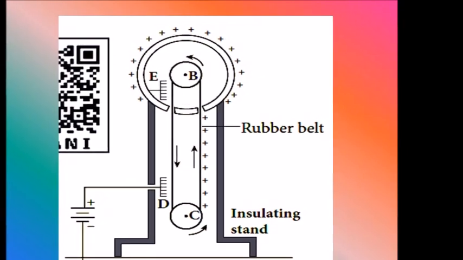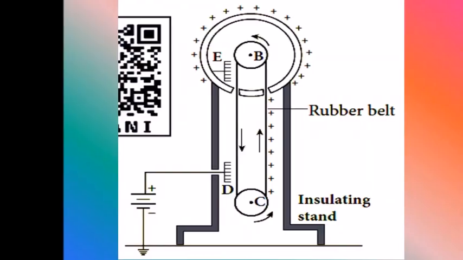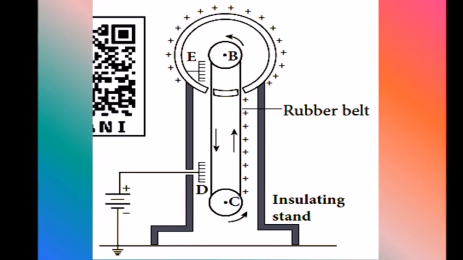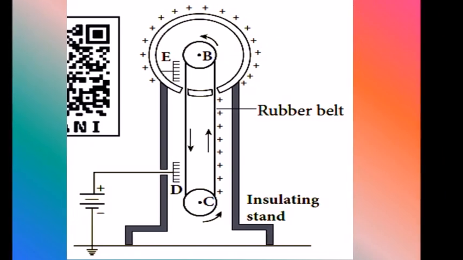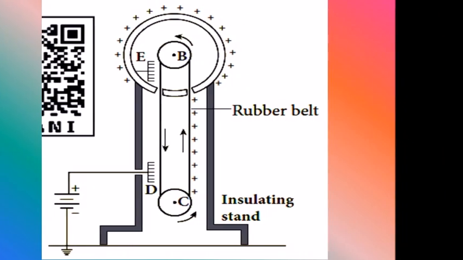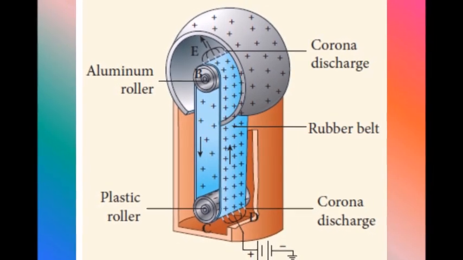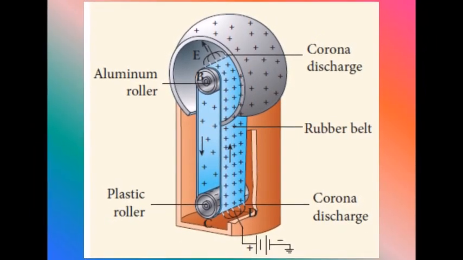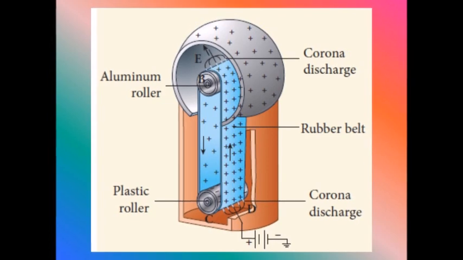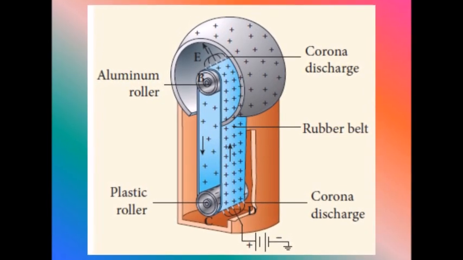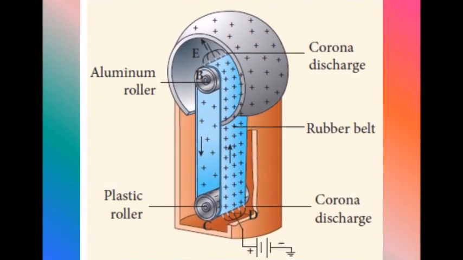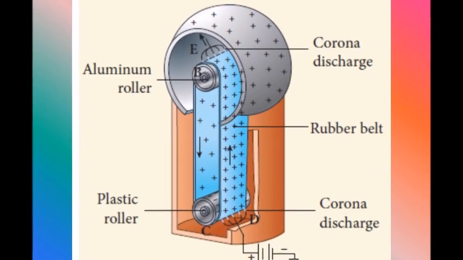Next, working. Due to the high electric field near comb D, the air between the belt and comb D gets ionized. Positive charges are pushed towards the belt and negative charges are attracted towards the comb D. The positive charges stick to the belt and move up.